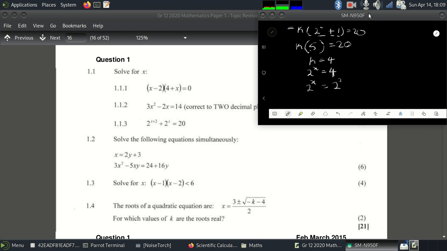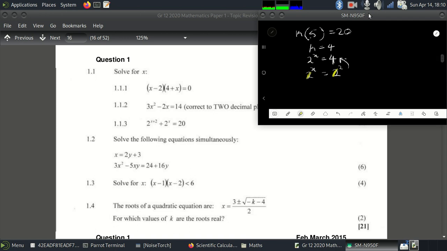Then because we have the same bases on both sides, we can cancel them out and drop the exponents and say x is equal to 2. Perfectly so. Fair enough. That was an easy solve, yeah?